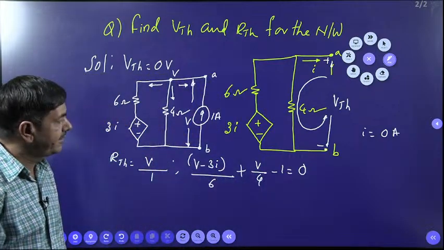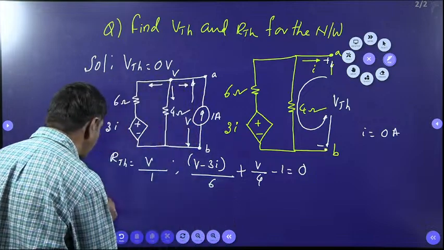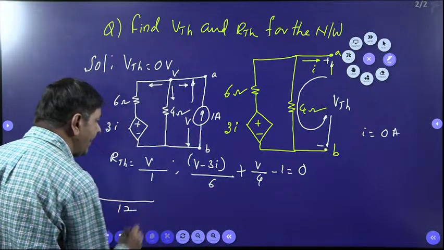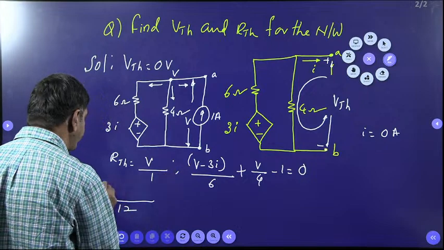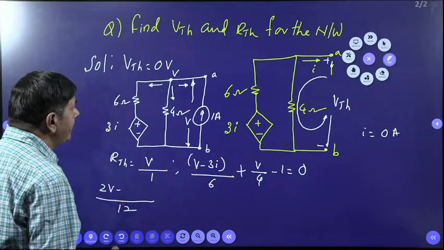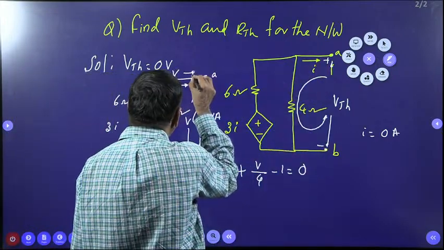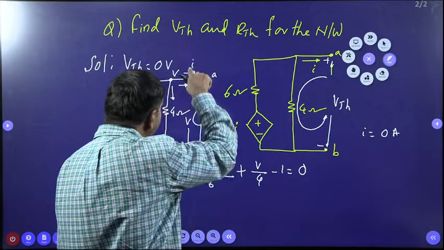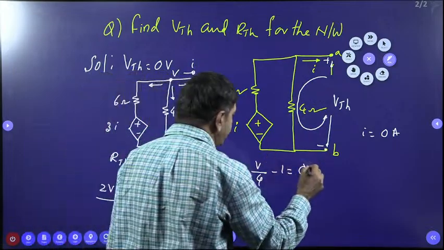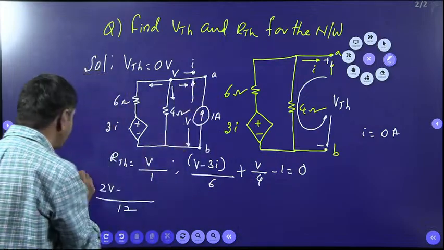You find V. What is the LCM here? 12 is the LCM. 6 2s, 2V minus 3I. What is I here? This current is nothing but the I we know. When you connected this current source, I equals minus 1 ampere.